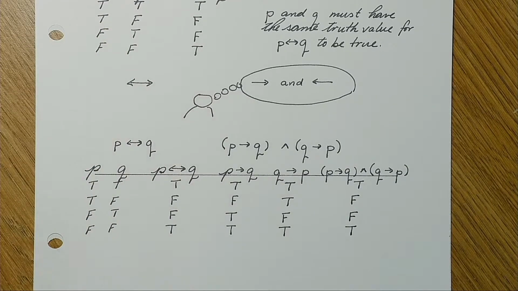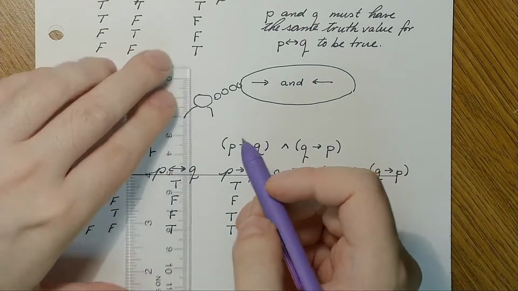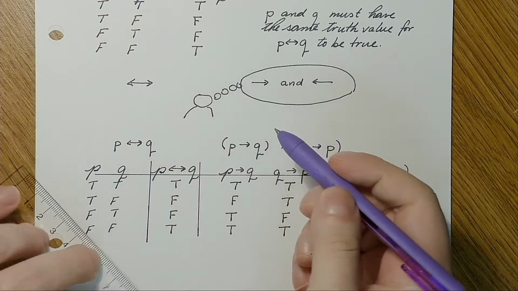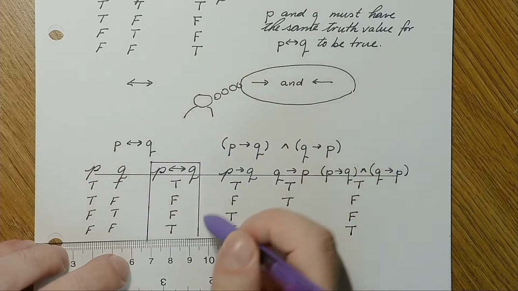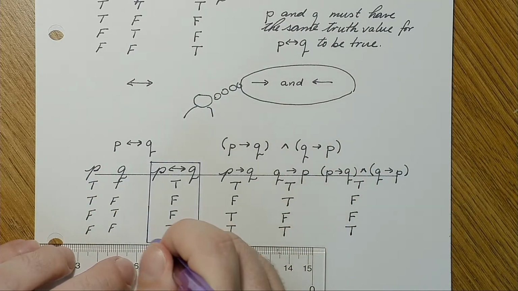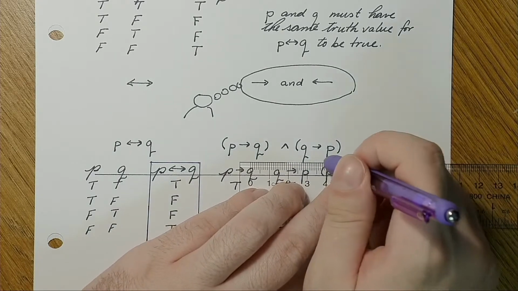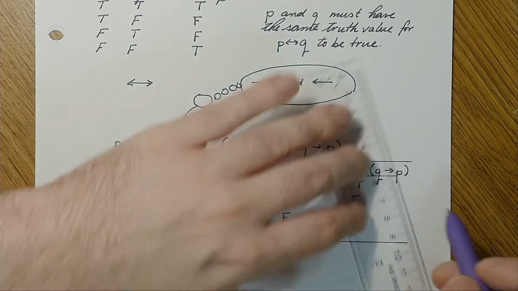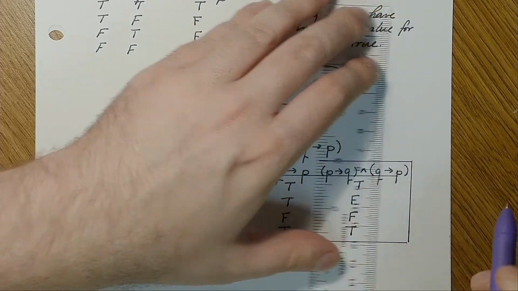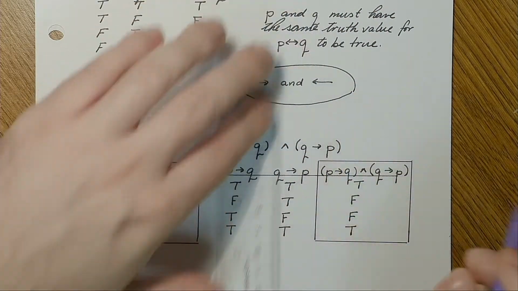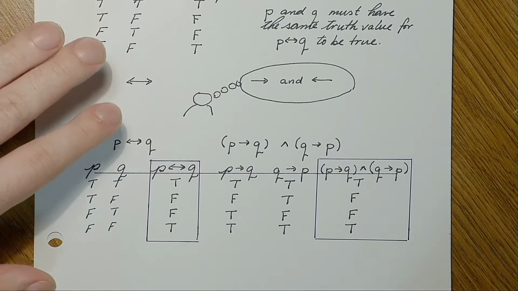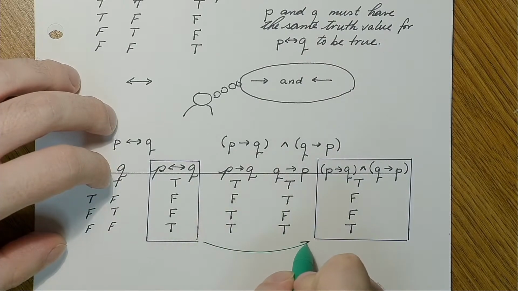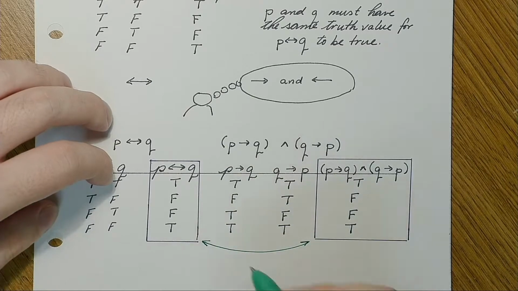So what we notice is that this column here and here, these have the same truth table.